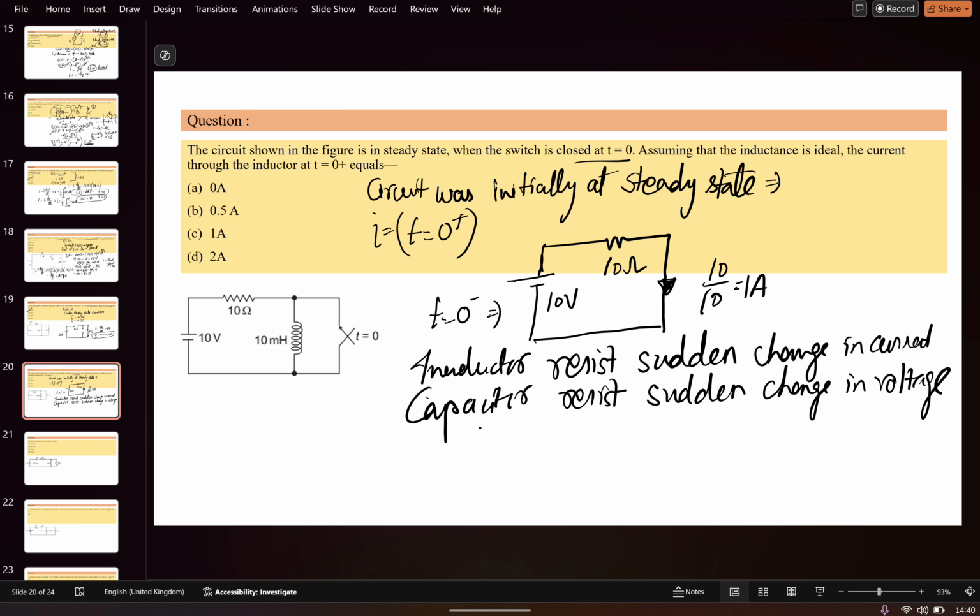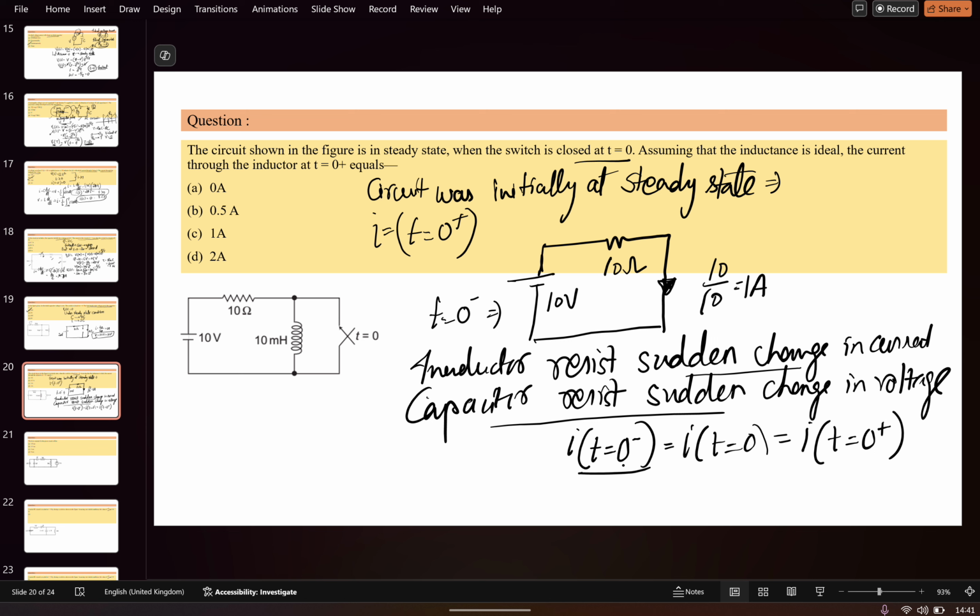So it means that I at t is equal to 0 minus will be equal to I at t is equal to 0 plus. I at t is equal to 0 minus is actually 1 amp, which will be equal to I at t is equal to 0 plus. So the current will come out to be 1 amp for this question.